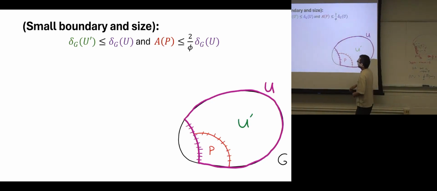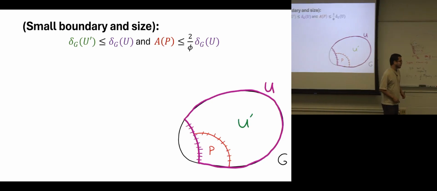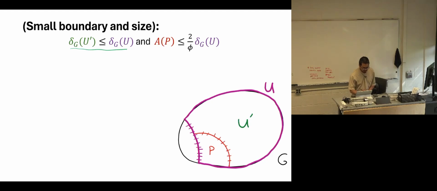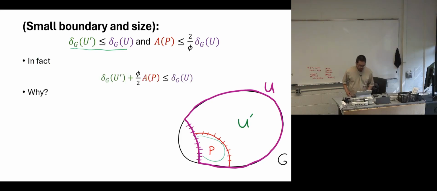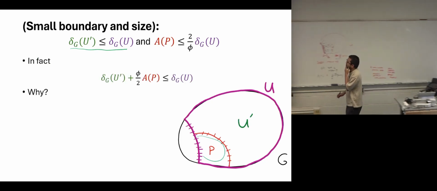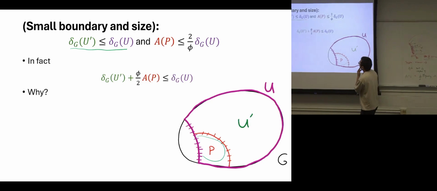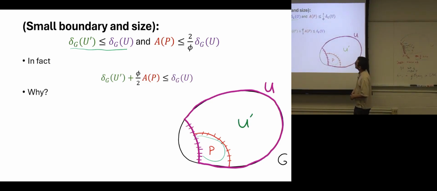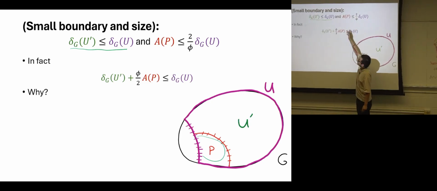But it follows quite easily, actually, that the cut here doesn't increase, and the size of A, the size of P here is small. Actually, you have this one. Okay. So why should this be the case? Anyone see some intuition why this, which is stronger than both of these, should be true?